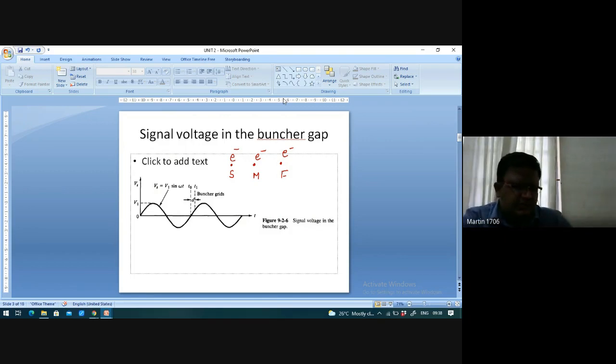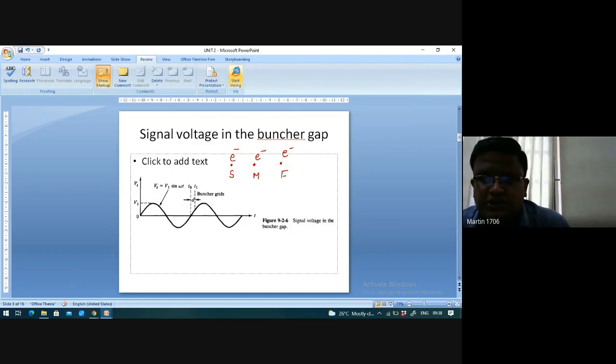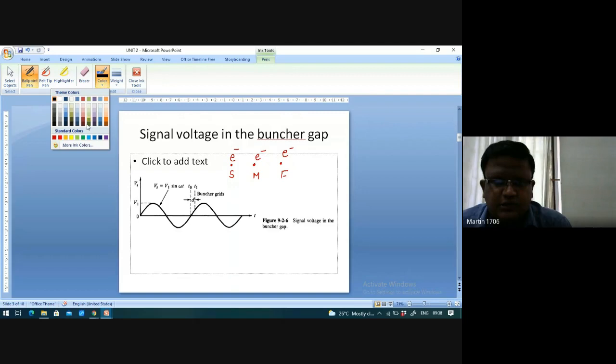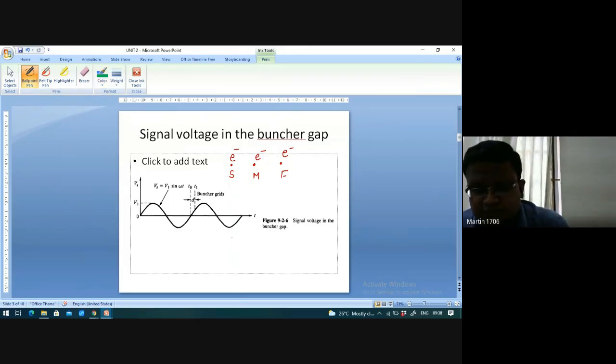Acceleration I will show in this graph. Please see, the x-axis is time and the y-axis is the applied potential. I will put it in different colors.